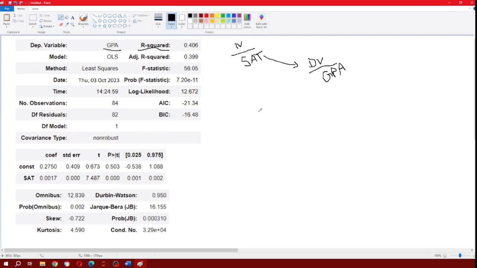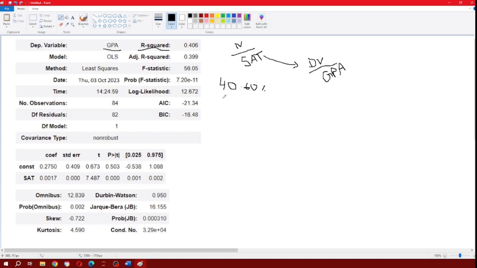Let's use this scenario of SAT scores' impact on GPA. If the R squared coefficient is 0.406, that means almost 40.6% of the variation in the DV can be explained by the IV.